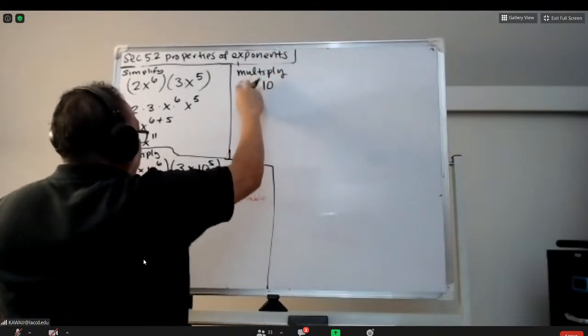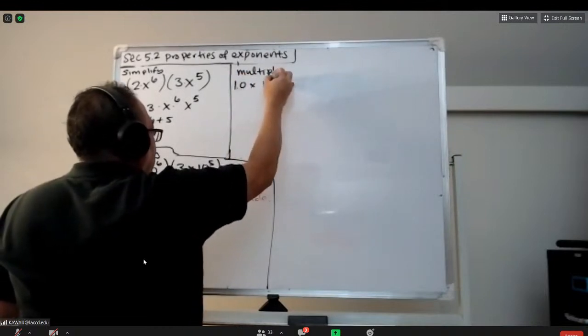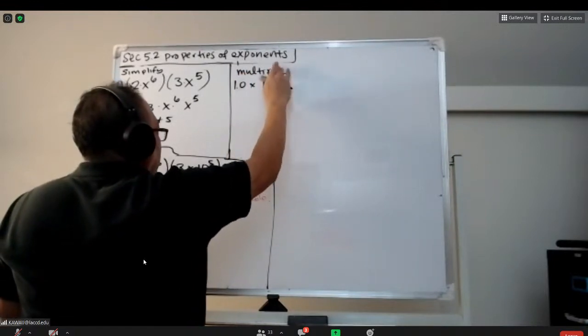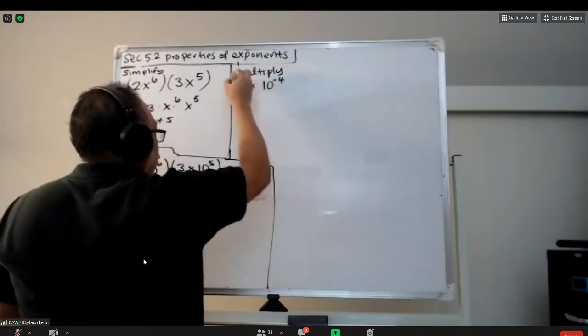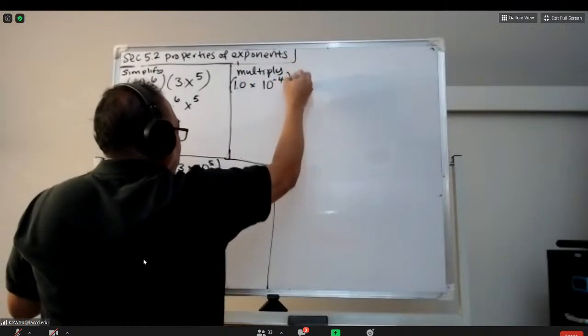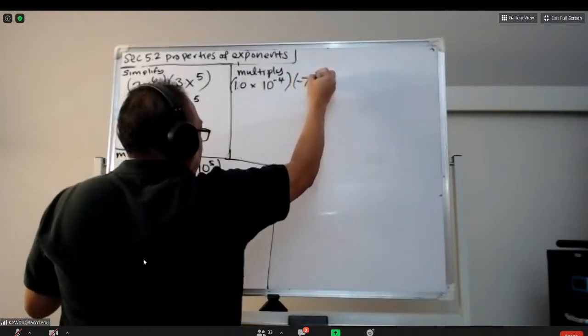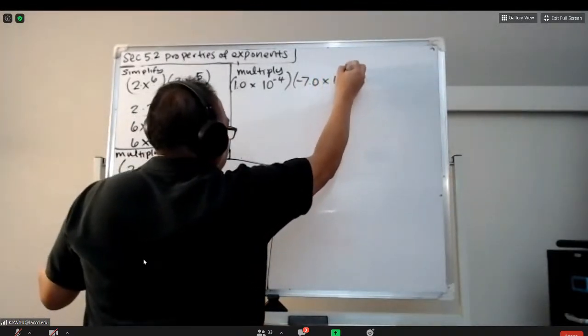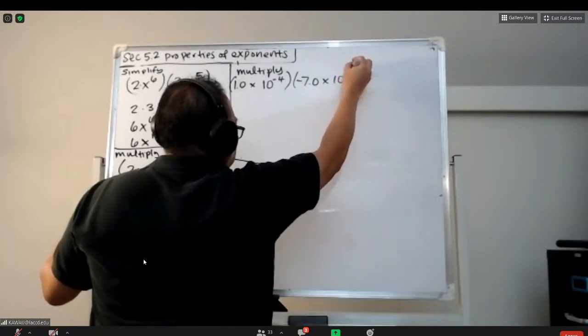So I'll do a 1.0 to the negative 4, and we'll go negative 7 times 10 to the, let's make it 2.